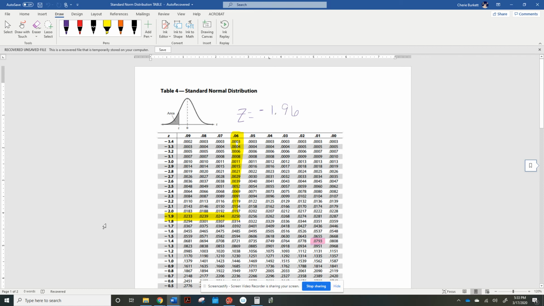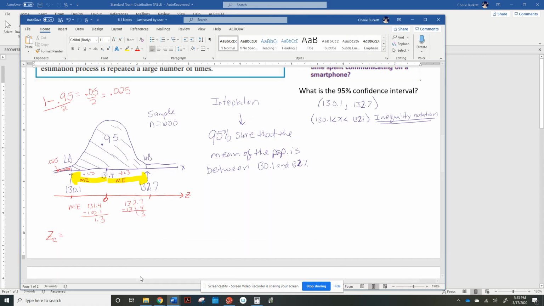So this z-score right here is negative 1.96, and this one is positive 1.96. Now, when we write the value down right here, we always use the positive one, 1.96, and it's just understood that they're going to be the same one, 1.96, positive and negative.